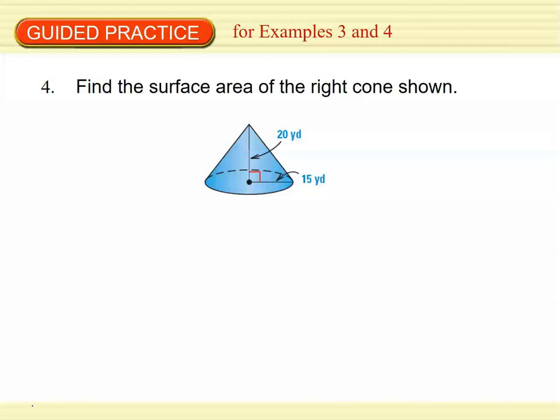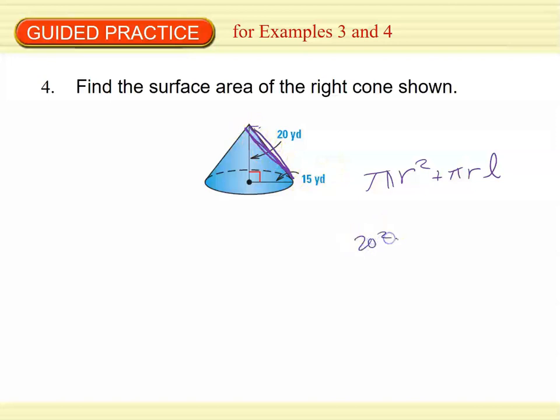All right, so now we've got a cone. Again, we're trying to find the surface area, but in order to find the surface area, it's pi times the radius squared plus pi times the radius times the lateral height, which is that slanted length right there. So we're going to have to use our Pythagorean theorem here.